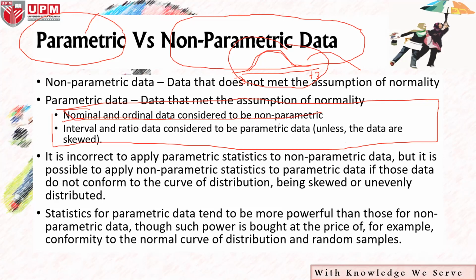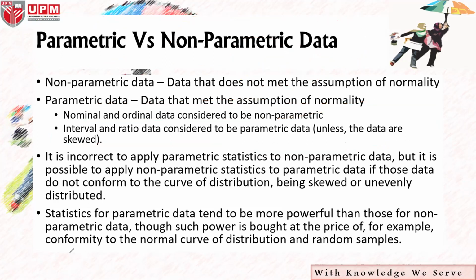Okay, so next one. It is incorrect to apply parametric statistic to non-parametric data. Sebab nanti we will learn about the few types of parametric statistic. So to use parametric statistic, make sure your data meet the assumption of normality. So then you cannot use the parametric statistic to non-parametric data.